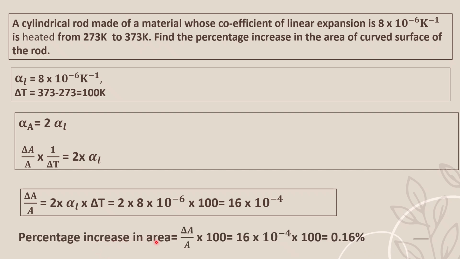Percentage increase in area equal to delta A by A into 100, that is 16 into 10 raised to minus 4 into 100 equal to 0.16 percent. So the percentage increase in area is 0.16 percent.